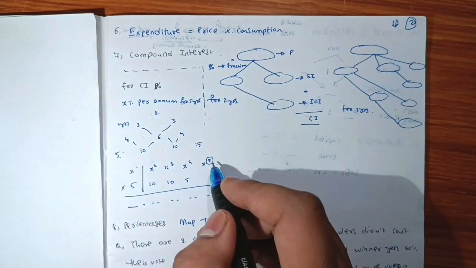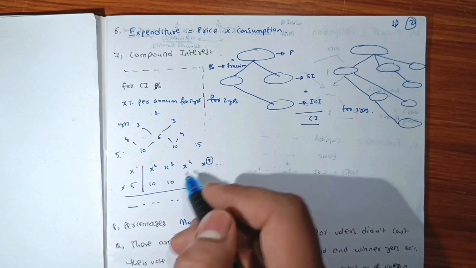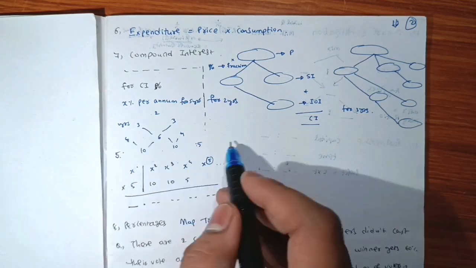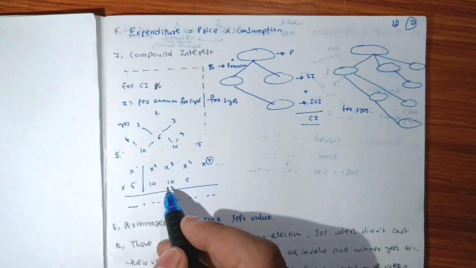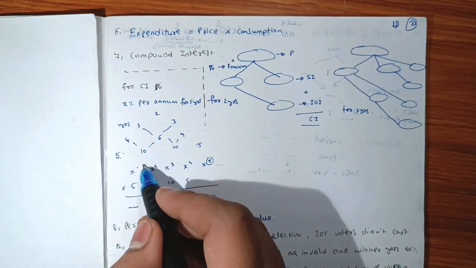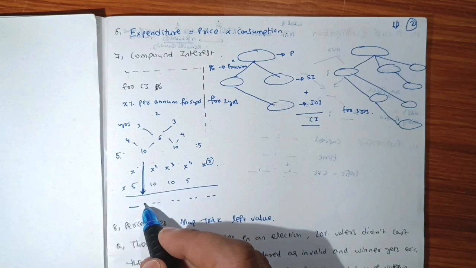I have taken 5 years, up to the power 5. Later you multiply with the triangle values 5, 10, 10 and 5. Up to here you will get the point.